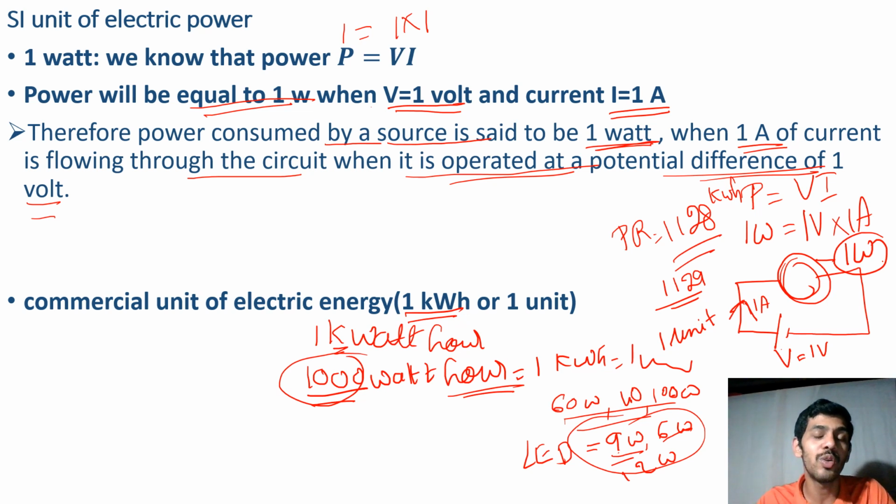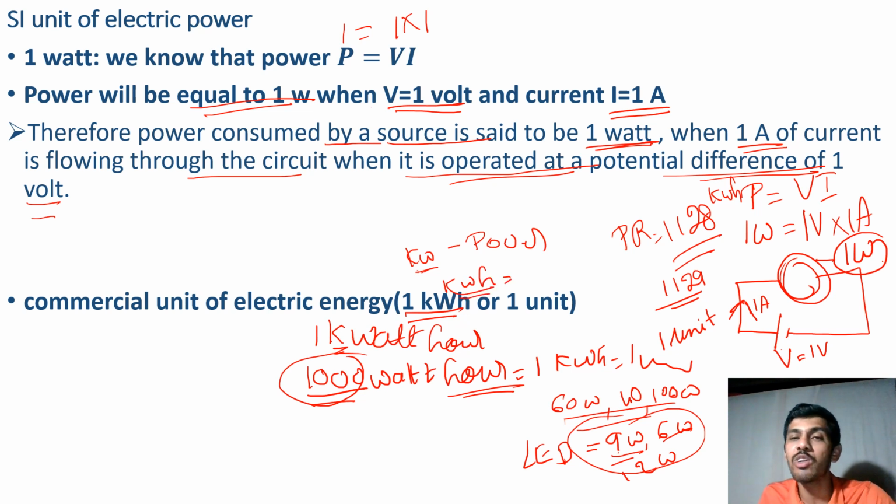So don't think that 1 unit or 1 kWh are units of power. These are the units of the energy consumed by a device. If I write kW, that is kilowatt, which means 1000 watts, it is a unit of power. But when I multiply it by time, kilowatt hour, these are the units of electrical energy.